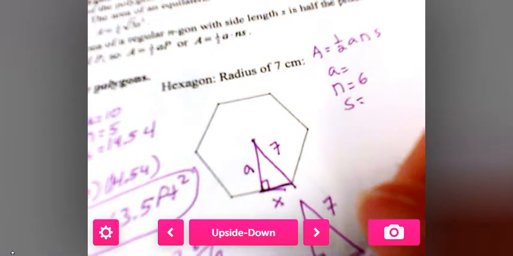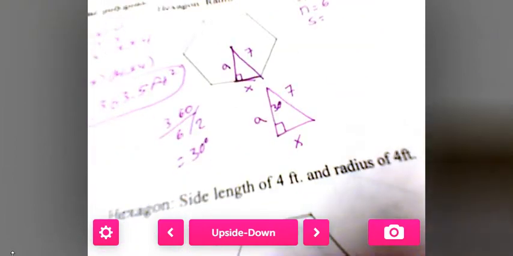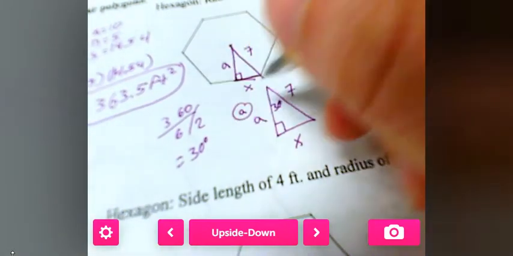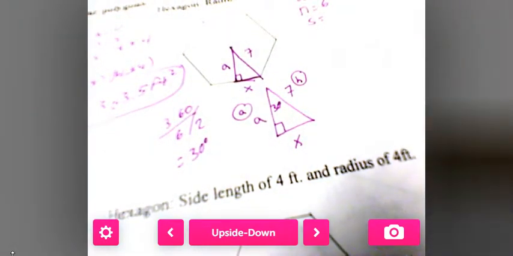This is 30 degrees. And what do you guys want to find? Do you want to find the apothem or do you want to find the half of the side? The apothem? Sure. This is my adjacent. This is my hypotenuse. And adjacent and hypotenuse means we're going to use which one? Sine, cosine, or tangent? Cosine.